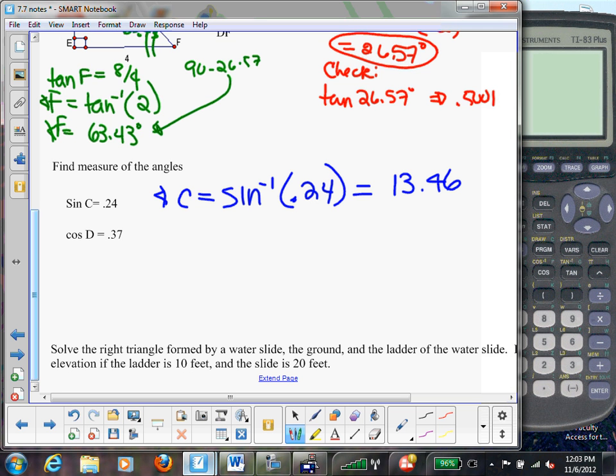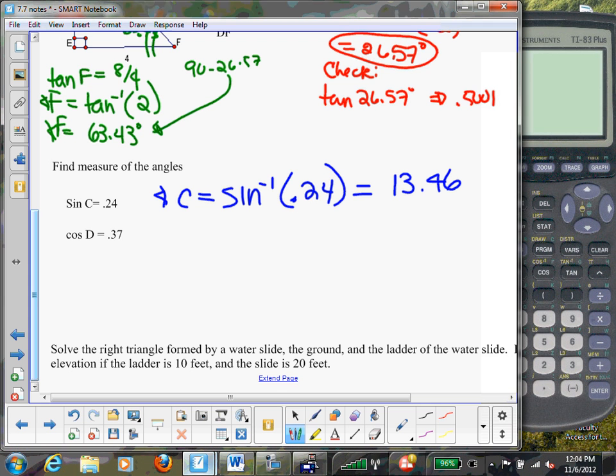Okay, let's try it again. Second sine 0.24. Yep, got to plug the right one in. So what are we doing? 13.89. Okay.